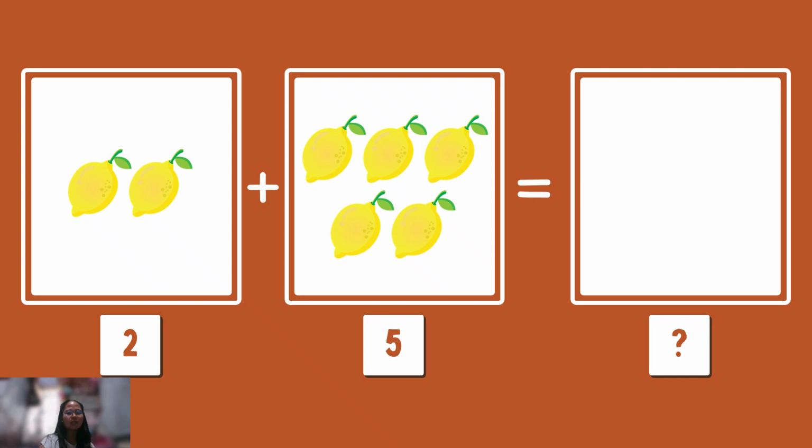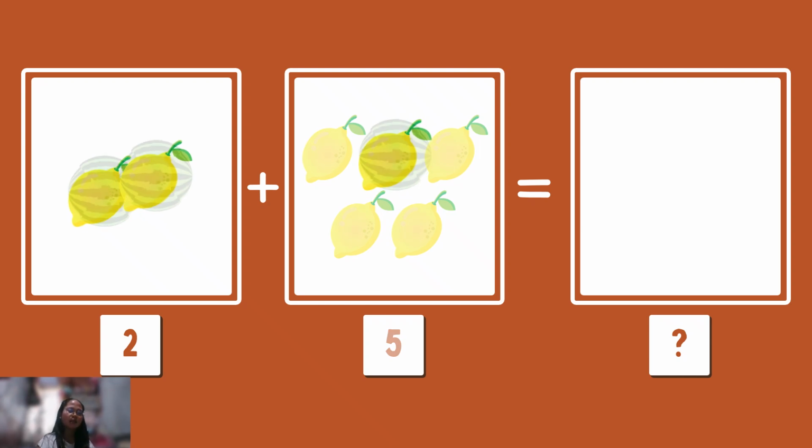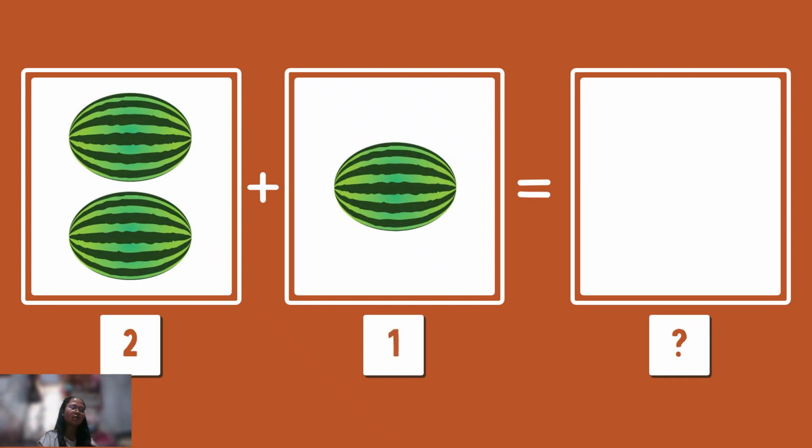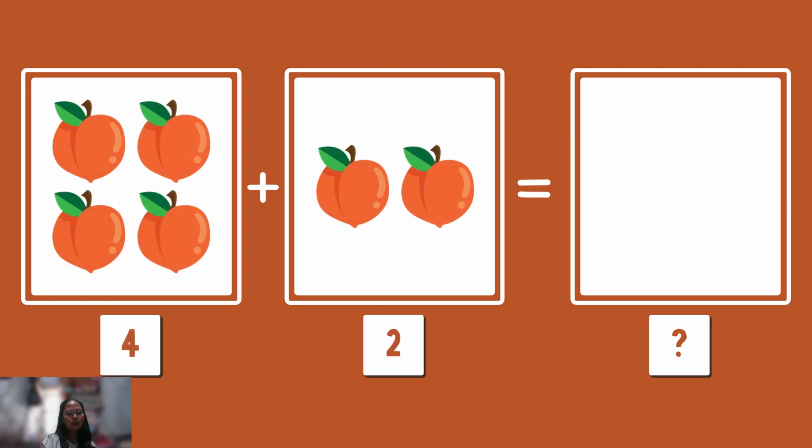The answer is 7. Good job. Let's proceed to the watermelon. 2 plus 1, that is 3. Very good. The other, 4 plus 2, that is 6. Good job. Very good, learners.